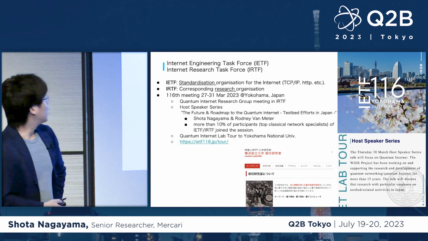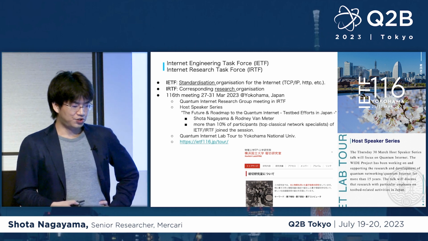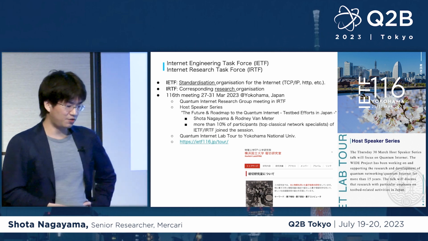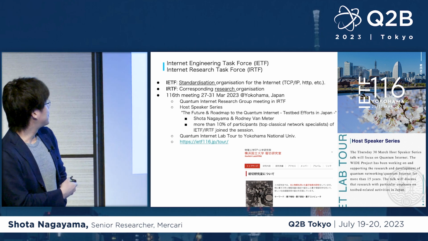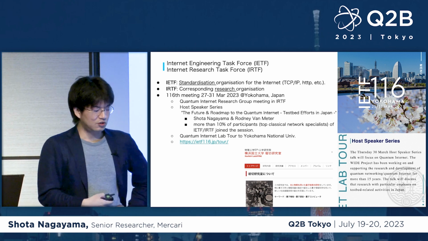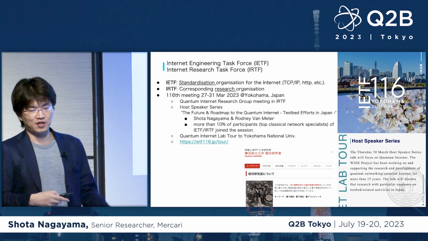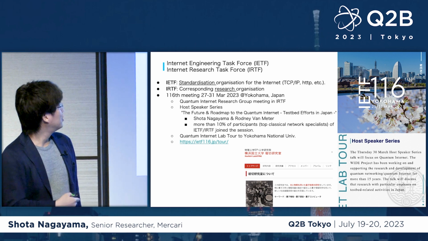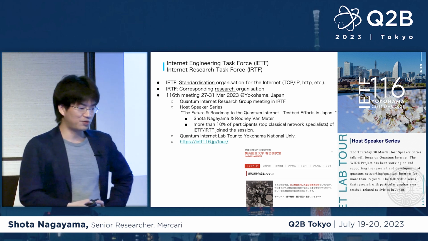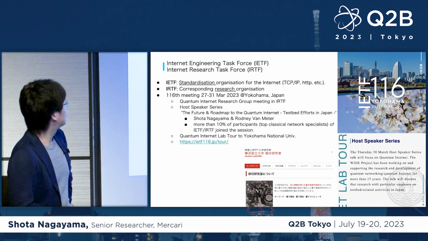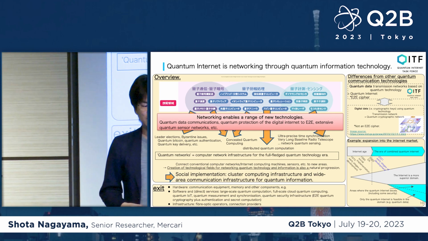The IETF is the organization that established RFCs, and in March this year there was a conference in Yokohama, and we hosted a lab tour and showed the labs where we are now making the prototypes. Network specialists who are novices in the quantum area accounted for about 10% of the attendees of this conference, and they came to our lab, which demonstrated their interest.